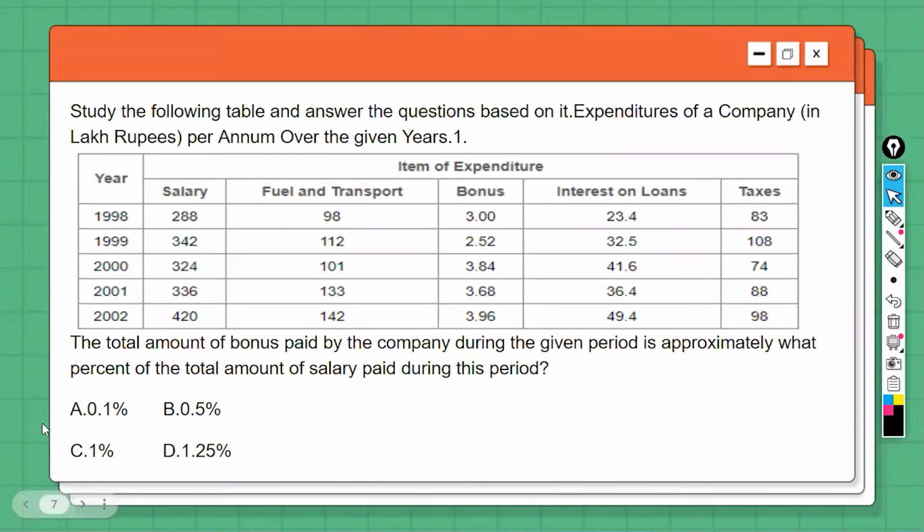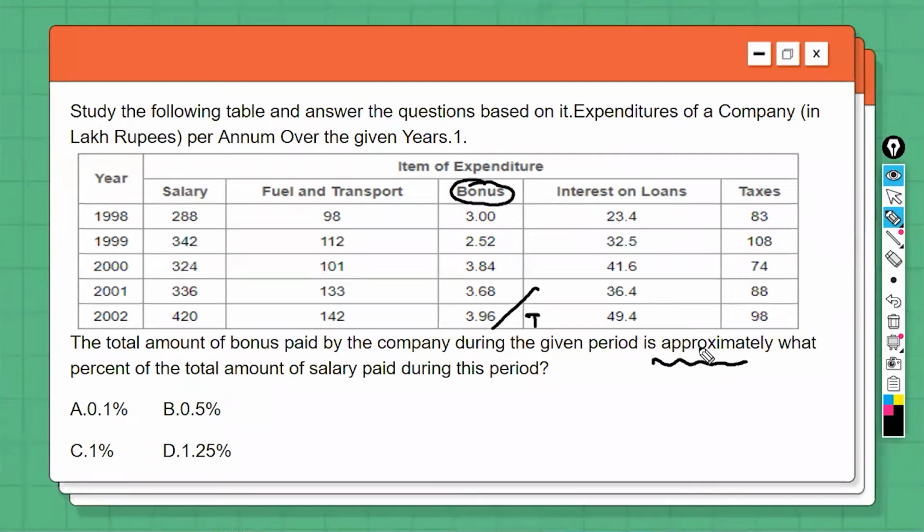The answer, guys. First of all, understand the question. Total amount of bonus paid by the company. So bonus is this. We have to find the total of this bonus, approximately.